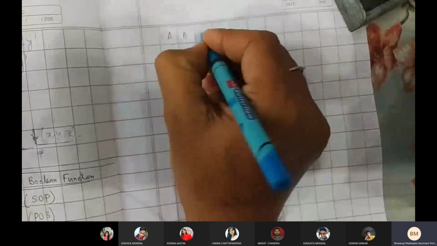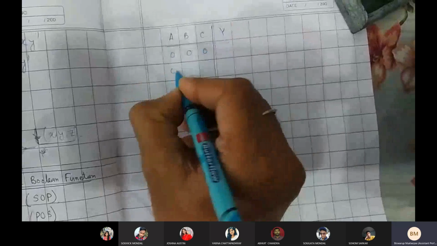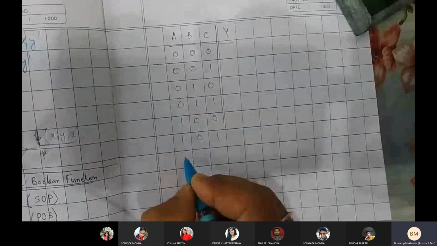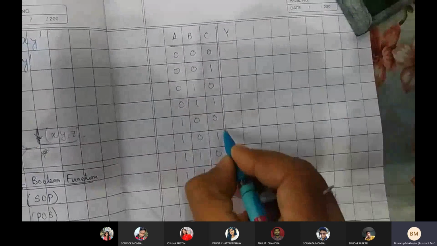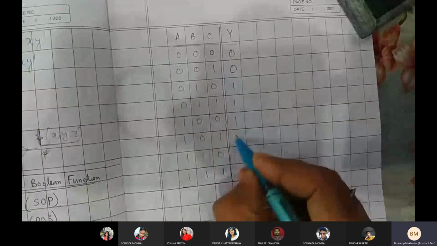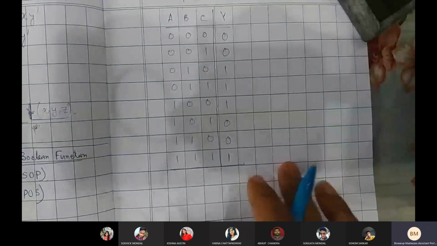So A, B, C, Y. Okay, so 0 0 0 0 0 1 0 1 0 0 1 1 1 0 0 1 0 1 1 1 0 followed by 1 1 1. So first 2 zeros, 2 zeros, then 3 ones, then again 2 zeros followed by 1. Right, this was the truth table we have used earlier, and we found the Boolean expression by taking 1.